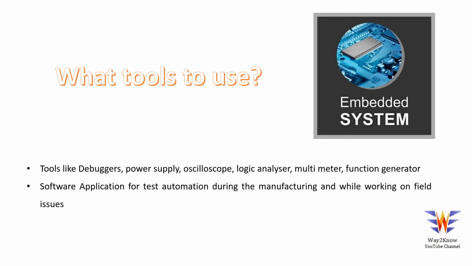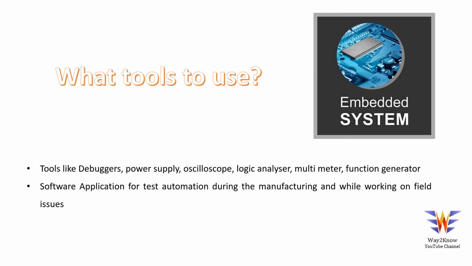Basically all these tools are used during the prototype phase to test the various requirements that are part of the system. And then any software application which is developed, which can play a critical role in automating the testing during manufacturing and in the field, is an additional bonus to the project, and it needs to be included in the project during the design phase itself.